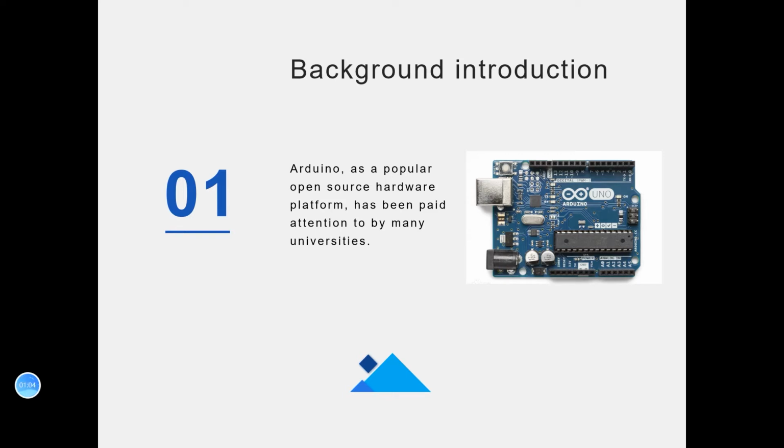European and American universities are very popular to use Arduino as a basic technology for teaching and scientific research. Many domestic colleges and universities have carried out teaching reforms and curriculum construction based on Arduino to complete the teaching goals while improving students' innovation ability.